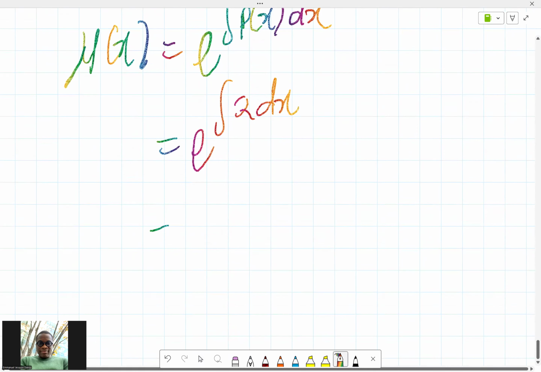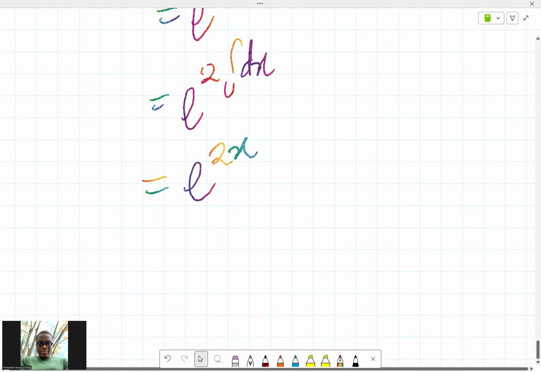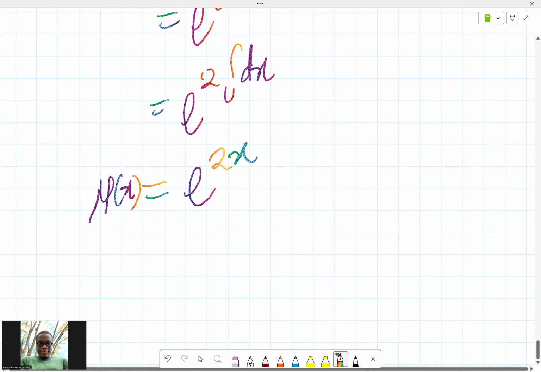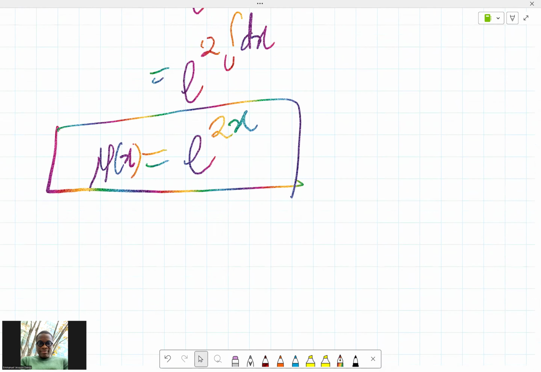Just like I said previously, if you integrate d of something, you just get that thing. So this is e^(2x). You don't have to worry about the constant of integration here, because it's not necessary for now until you get the final result. So our integrating factor here is e^(2x).